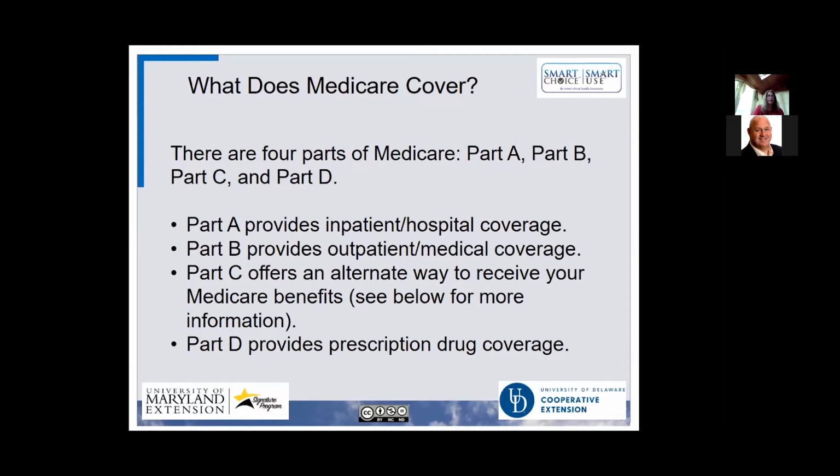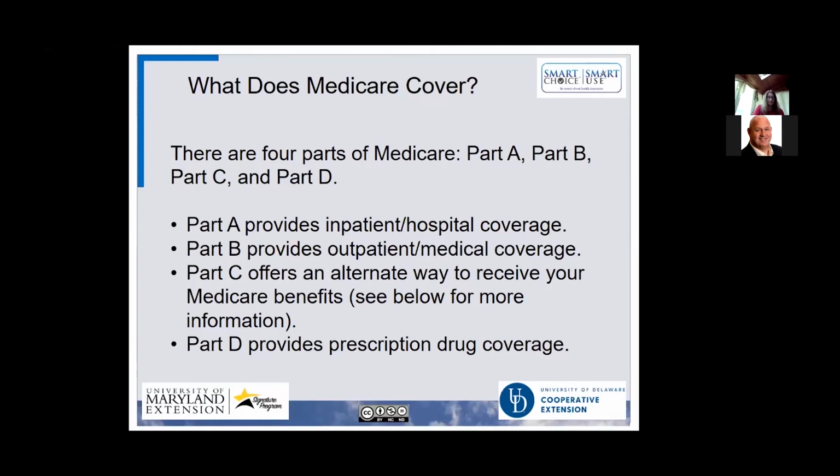Another term for that is Medicare Advantage. These are offered through private insurance companies. When you join a Medicare Advantage plan, you still have Medicare. It's still a Medicare program, but it often includes the other parts along with it. It does include Part A, Part B, and often Part D, which we'll get to, which is the drug coverage.